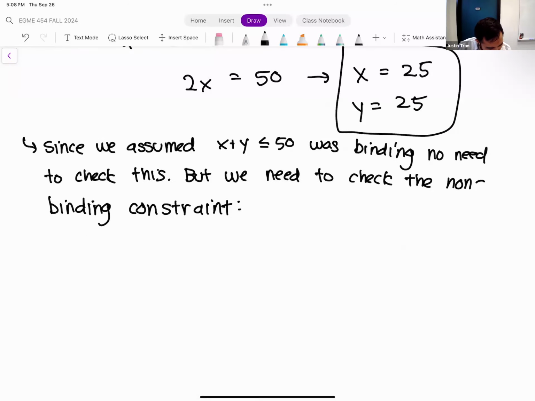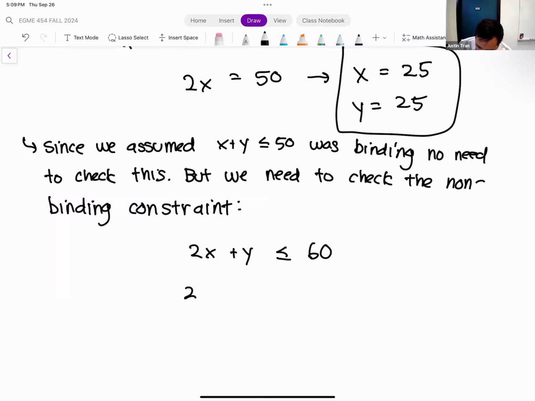The non-binding constraint, or the one that we ignored in this case, was 2x plus y has to be less than or equal to 60. We're going to plug in our optimal values for x and y, and we're going to pray that this satisfies this constraint. Because if it satisfies this constraint, then we're done. We're Gucci.